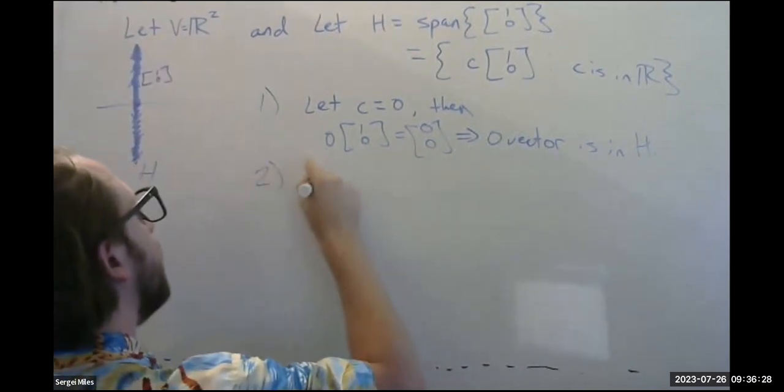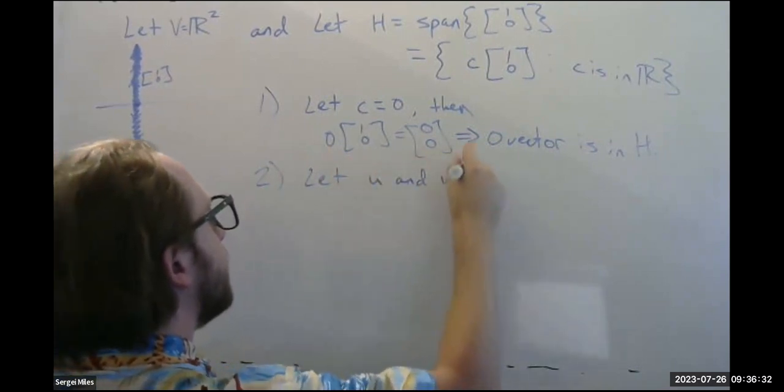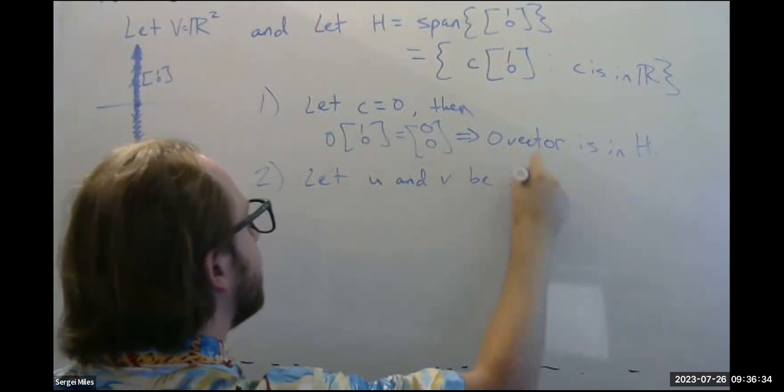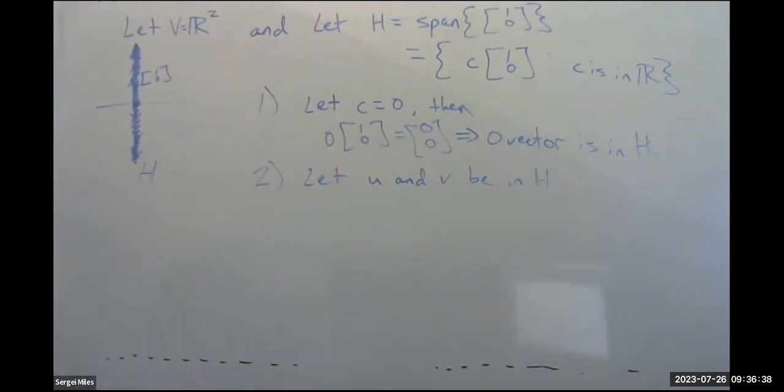So first of all, let u and v be in H. So notice, in order to prove that number 2 works, in order to prove that this set has closure under addition, if I add things together, I stay in the set, I have to let u and v be arbitrary, right?